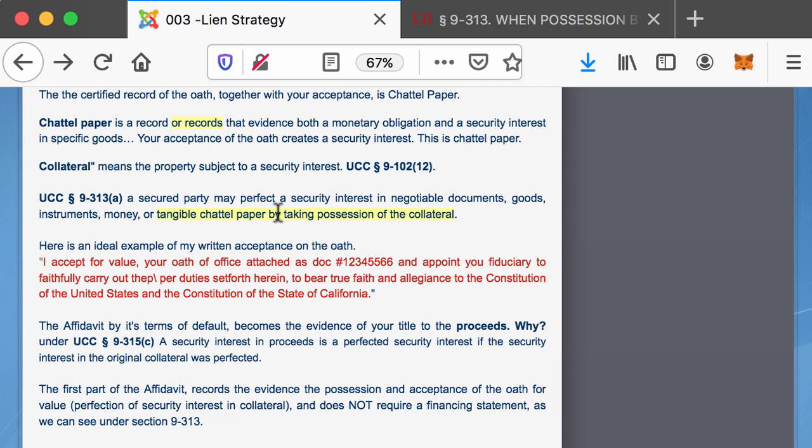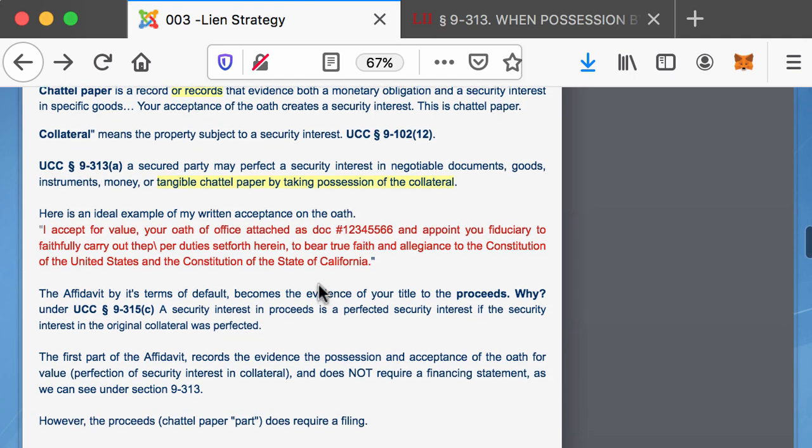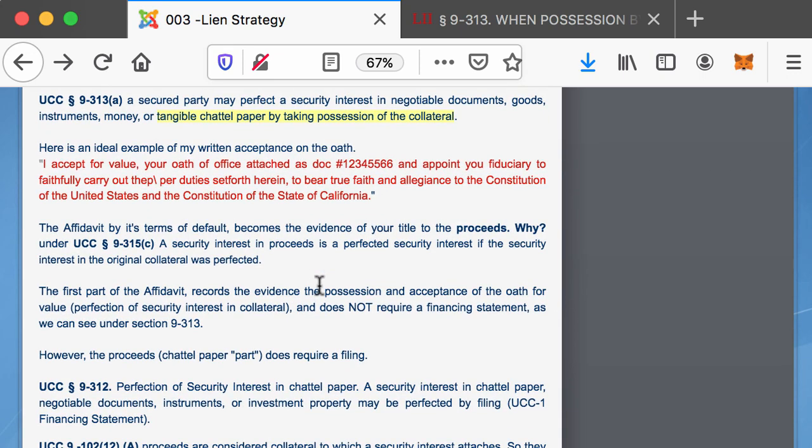So we're going back to perfecting a security interest in tangible chattel paper by taking possession of it as collateral. Now, just real briefly, I put an example of my type of acceptance, just the general idea of what I mean when I say accept the oath of office in writing.